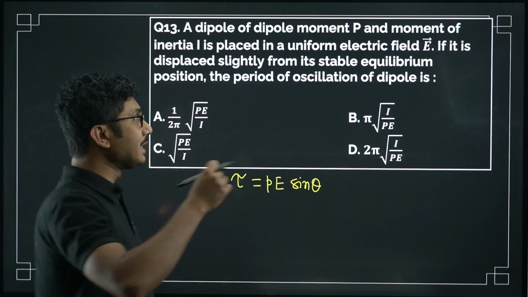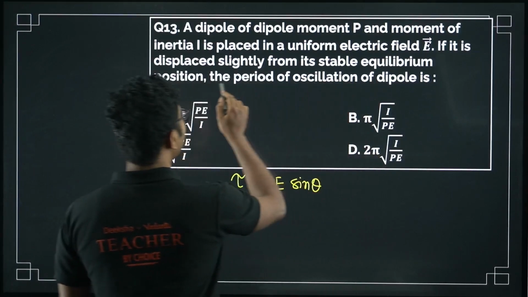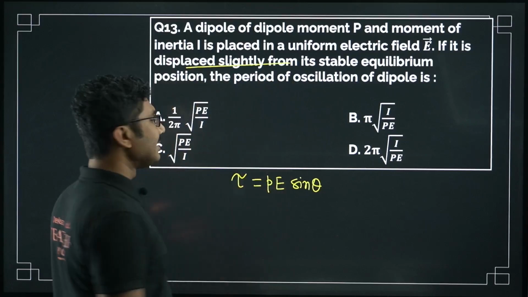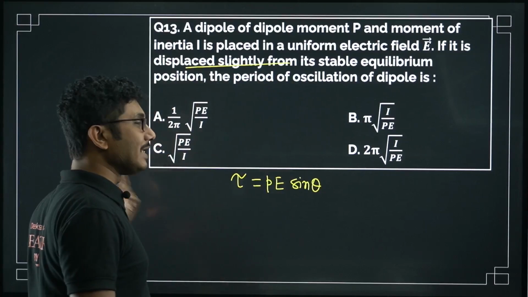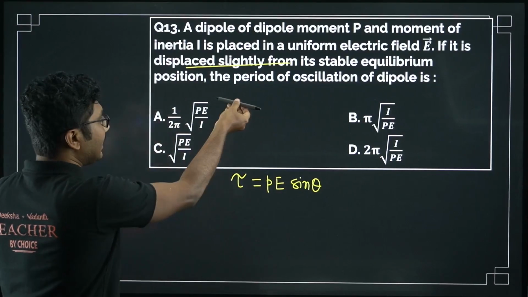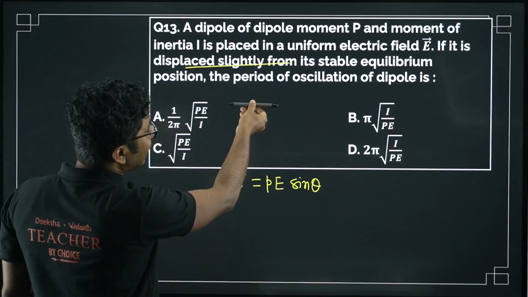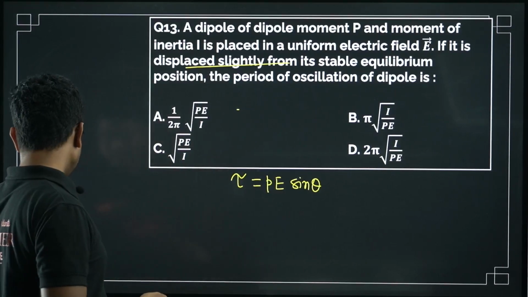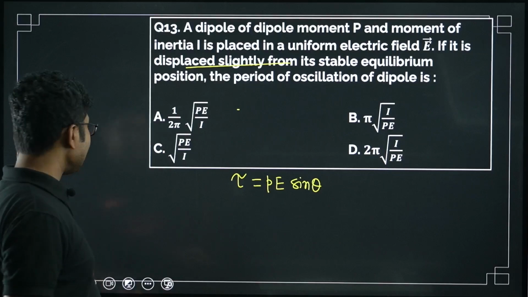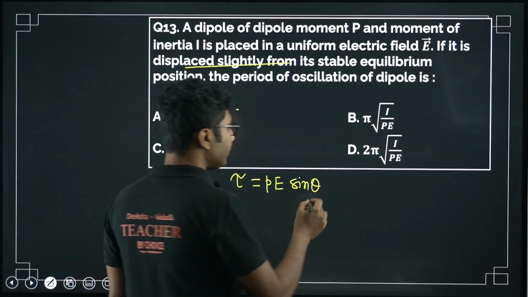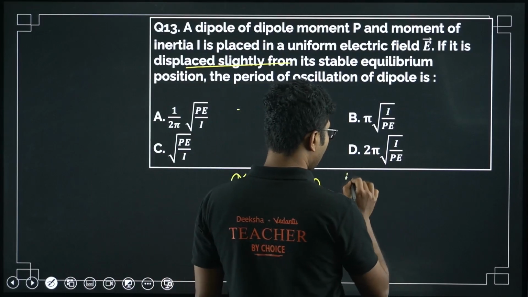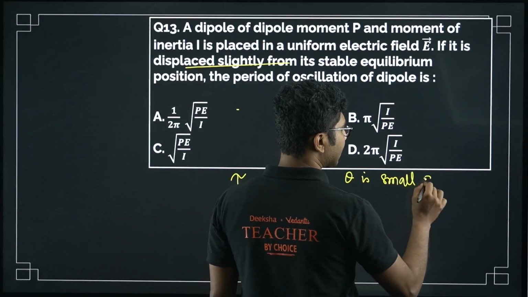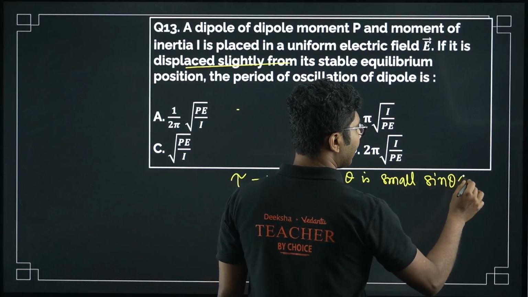Now for small displacement, if it is displaced by a small amount, then theta is very small. Then we know that sin theta is nearly equal to theta.